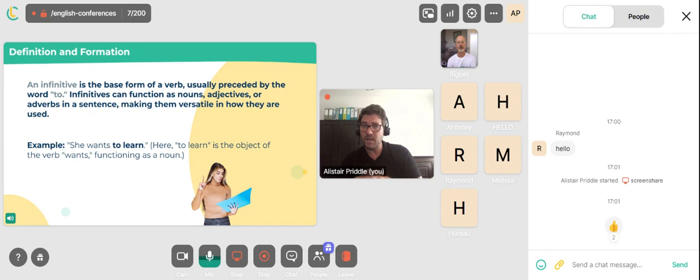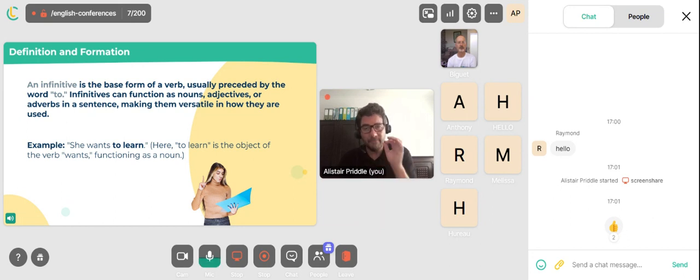Infinitives can function as nouns, adjectives, or adverbs in a sentence, making them versatile in how they are used. Example: she wants to learn. Here, to learn is the object of the verb wants, functioning as a noun.